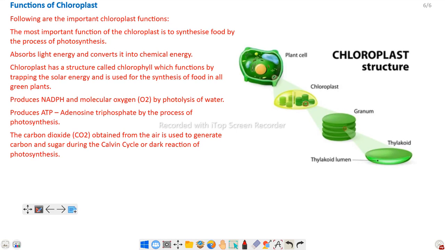Chloroplast has the structure called chlorophyll, which functions by trapping solar energy used for the synthesis of food in all green plants, as I said before, and produces NADPH and molecular oxygen by photolysis of water, and produces ATP, that is adenosine triphosphate, by the process of photosynthesis. The carbon dioxide obtained from the air is used to generate carbon and sugar during the Calvin cycle or dark reaction of photosynthesis.